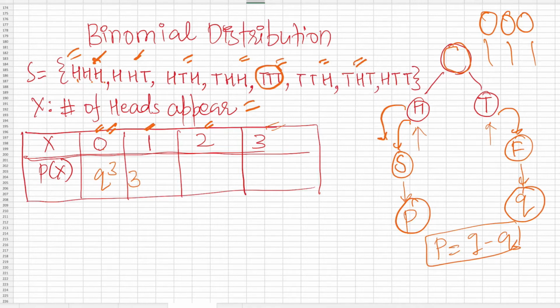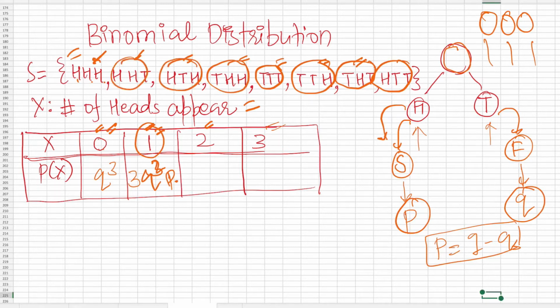For getting exactly 1 head, we have 3 different outcomes favorable to this condition, so the probability is 3 q squared p. For 2 heads, these are 3 different outcomes favorable to this condition, and the probability is 3 p squared q.